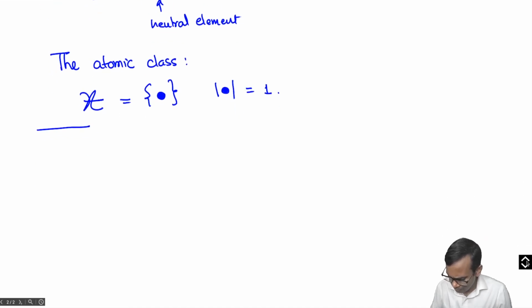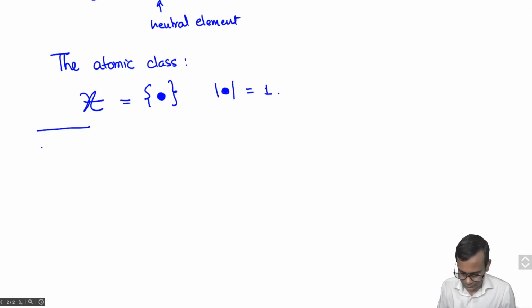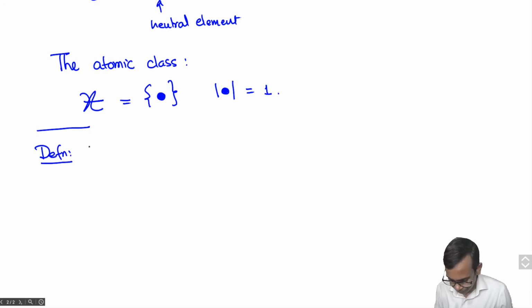Okay, so let me show you how you can use these things to build classes. But before that, it may be a good idea to know when two combinatorial classes are essentially the same. So I'll define an isomorphism of combinatorial classes.